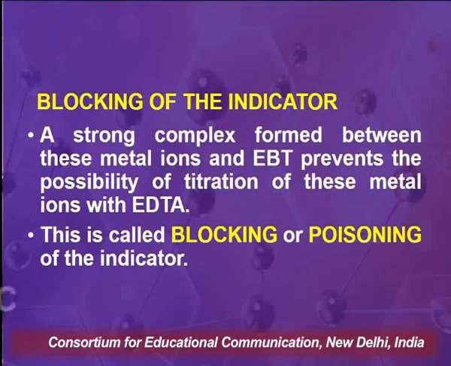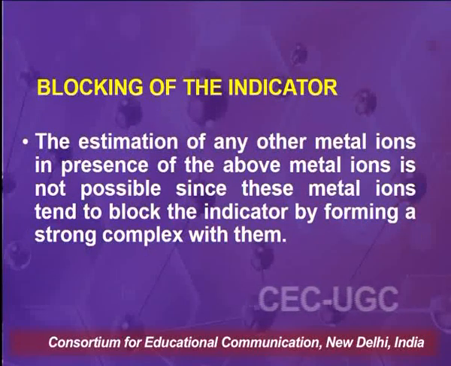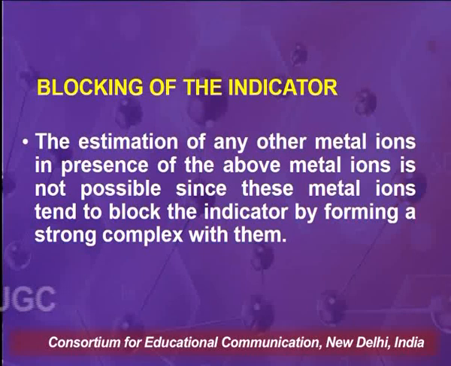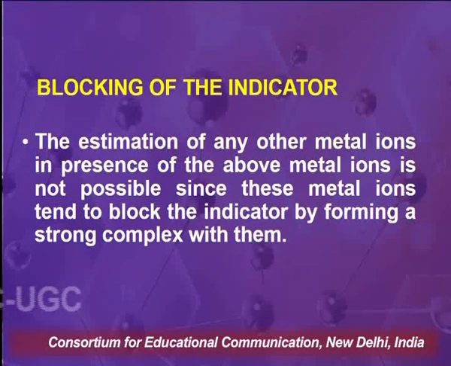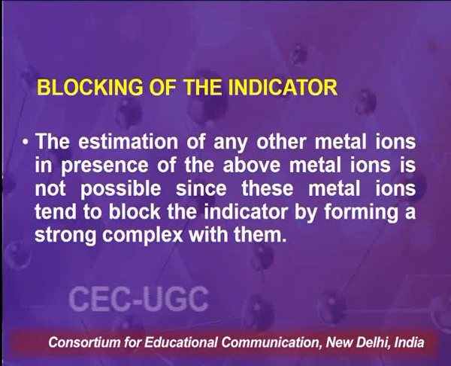This is called blocking or poisoning of the indicator. The estimation of any other metal ions in the presence of the above metal ions is not possible, since these metal ions tend to block the indicator by forming a strong complex with it.